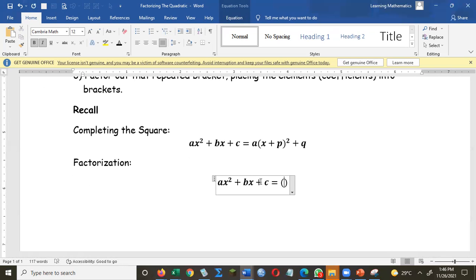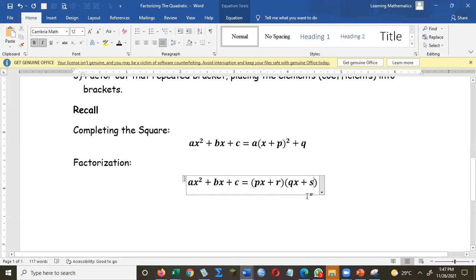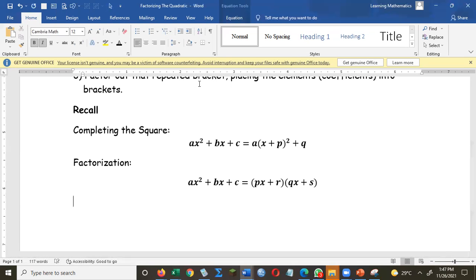It could be a, but let's say, I want to use the letter b again because it might confuse, let's say a (px plus r)(qx plus s), for example. So your final answer is going to look like that. You're going to have a pair of brackets. That's when you factorize a quadratic. So bear that in mind. Example. So let's do an example.